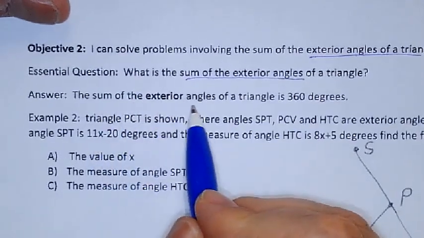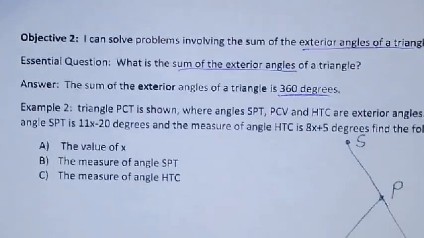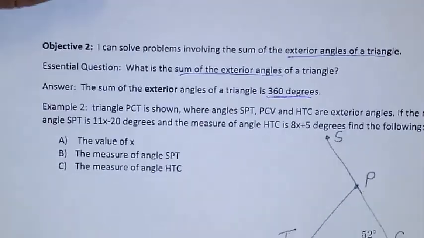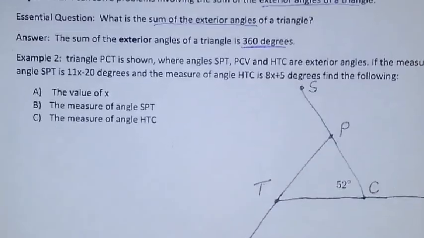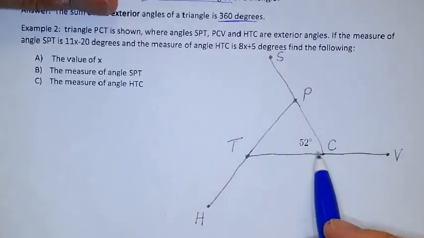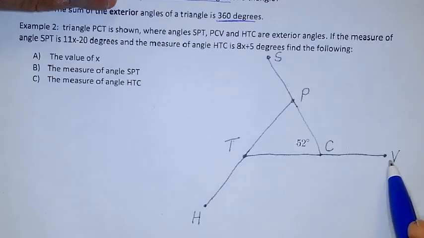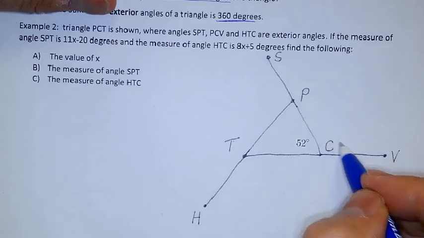It is 360. Based on that, we look at the diagram. I created the exterior angles for you by extending this side, that side, and this side. So we have 3 exterior angles.